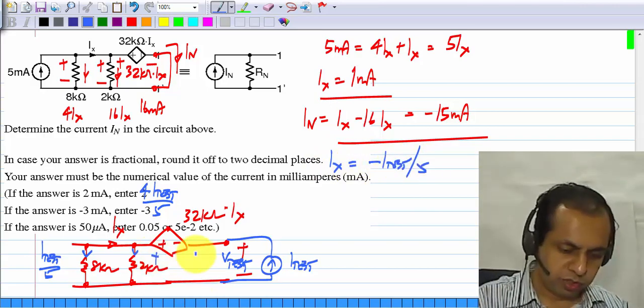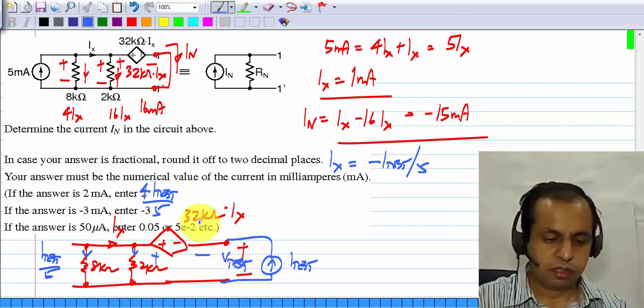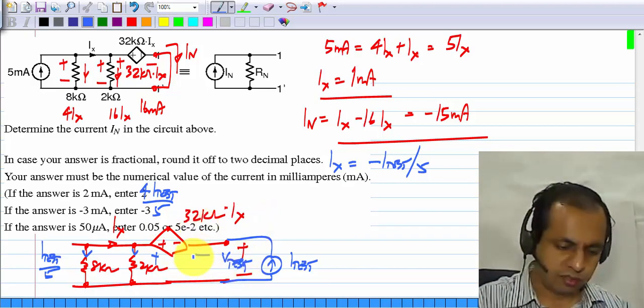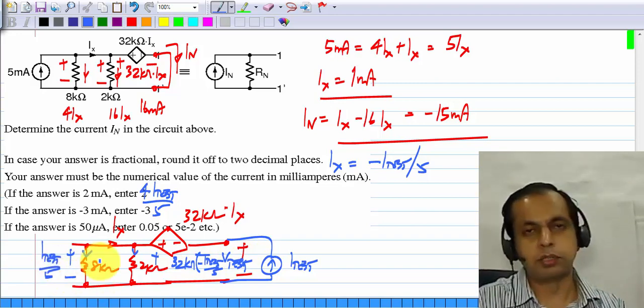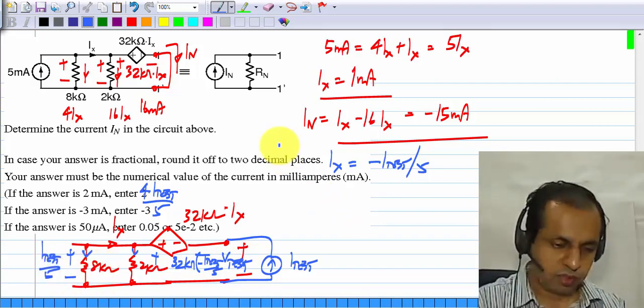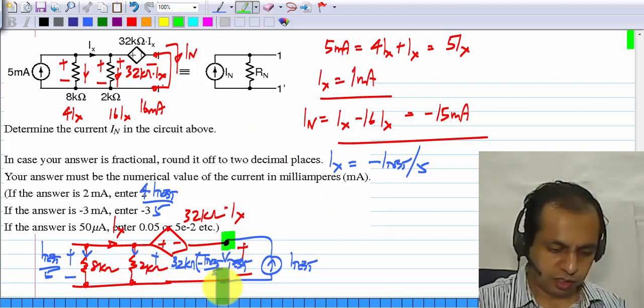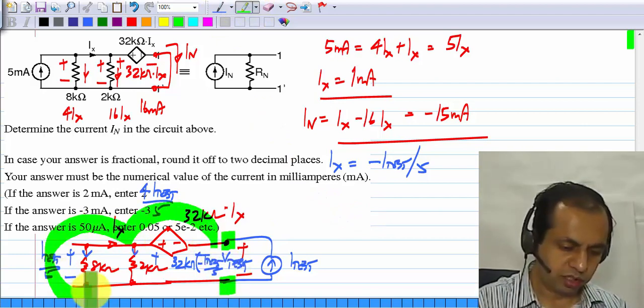So the voltage drop in this direction is 32 kilo ohms times minus I test by 5, and the voltage drop here is I test by 5 times 8 kilo ohms, and the voltage V test is nothing but the sum of this voltage and that voltage.